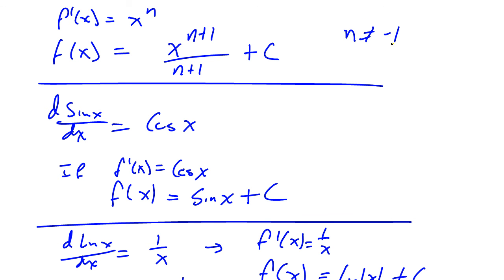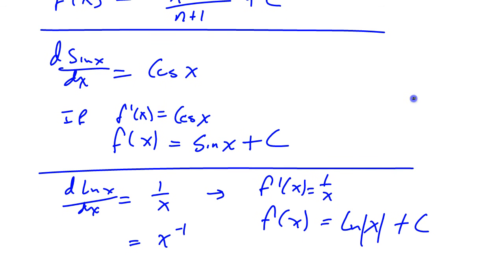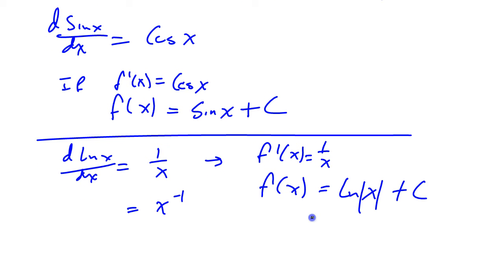Right? If n is equal to -1, then you're looking at the derivative of the natural log, so the antiderivative of x to the -1 is the natural log of x plus a constant. Again, I'll explain in the next video.